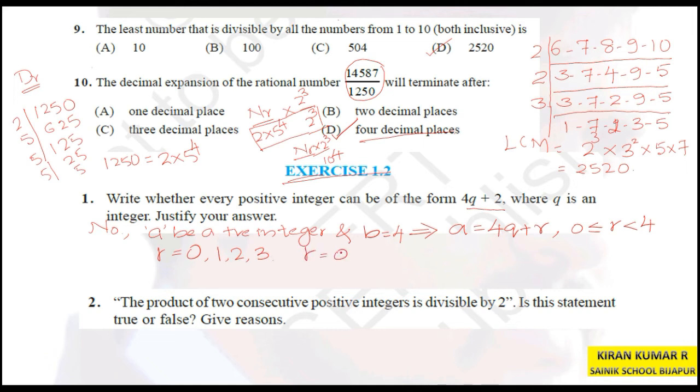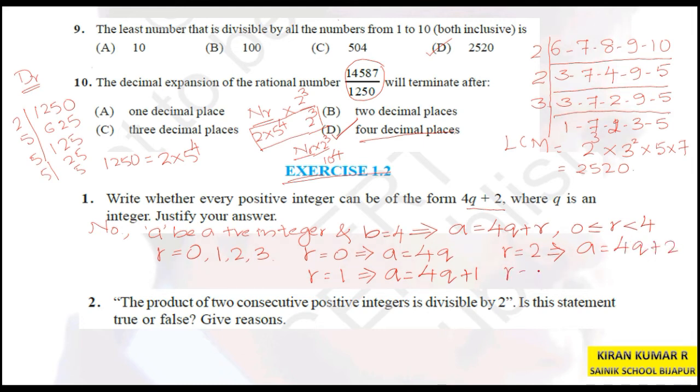Suppose the value of r is 0, then a is 4q. Suppose the value of r is 1, then the value of a is 4q plus 1. Suppose the value of r is 2, then a is 4q plus 2.